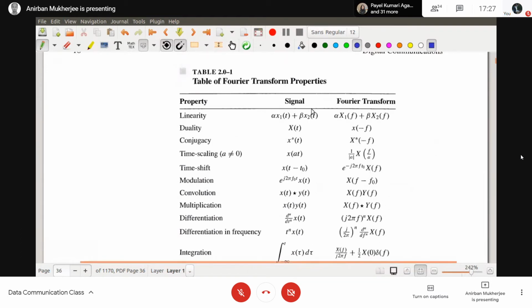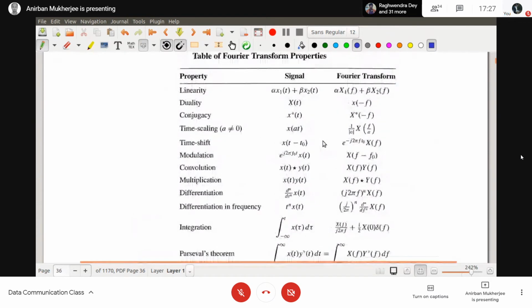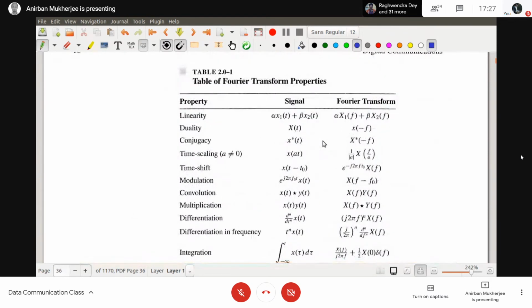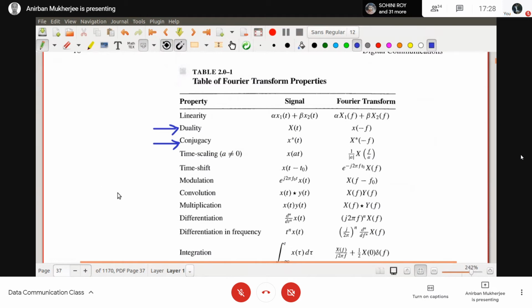Now, this is the signal and Fourier transform material. Please try to understand, I am telling you these properties a little bit: duality, conjugacy, time shift, modulation, convolution.